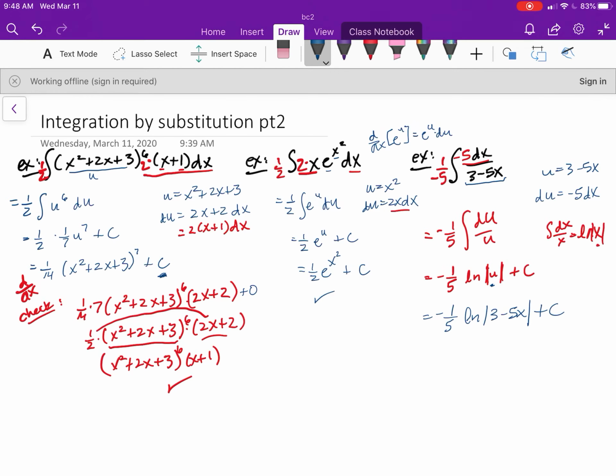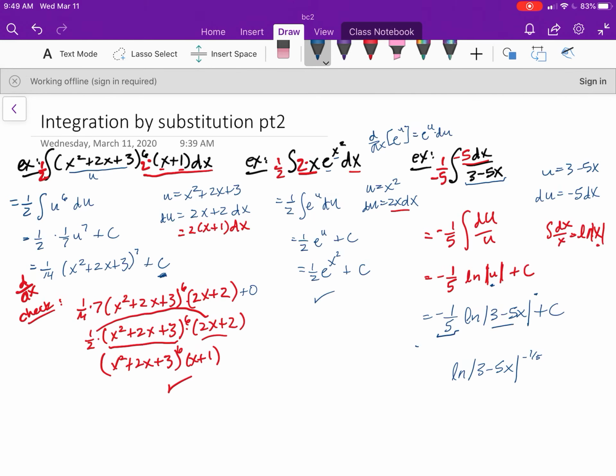If ever your answers don't agree, remember we do have properties of natural log. Anything out front can go to the exponent if it's being multiplied. Anything in here being multiplied, we could change to a plus, right, to simplify. But ln 3 minus 5x, we can't do anything to. A negative 1/5 as an exponent, I think is uglier.